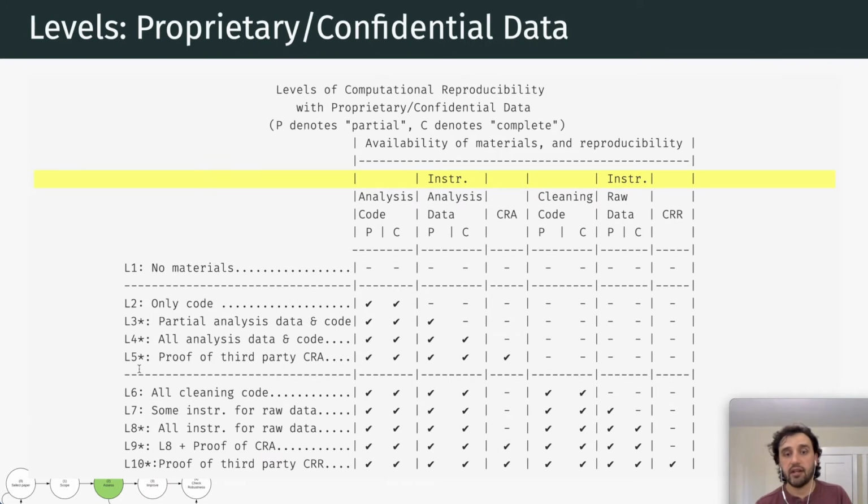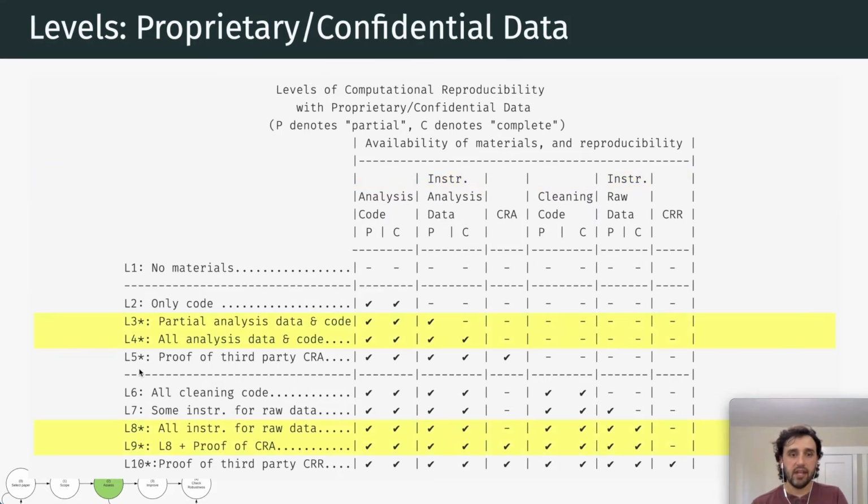Another important scenario is when the data is not accessible because it's confidential or proprietary. When that happens, we still want to ask the reproducers to assess the reproduction materials, not on the availability of data, but on the availability of instructions. So how many instructions are out there to access the data? Is it detailed? Is it partial?